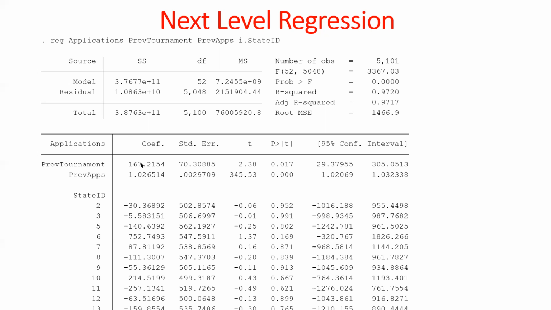But here we're at least picking up there is some positive increase in number of applications these schools are receiving. And here, once we control for the state, it's significant at what? The 10 and 5% significance levels, or 90 and 95% confidence levels. Okay. So it looks like there's some kind of indirect positive impacts of this athletic success.